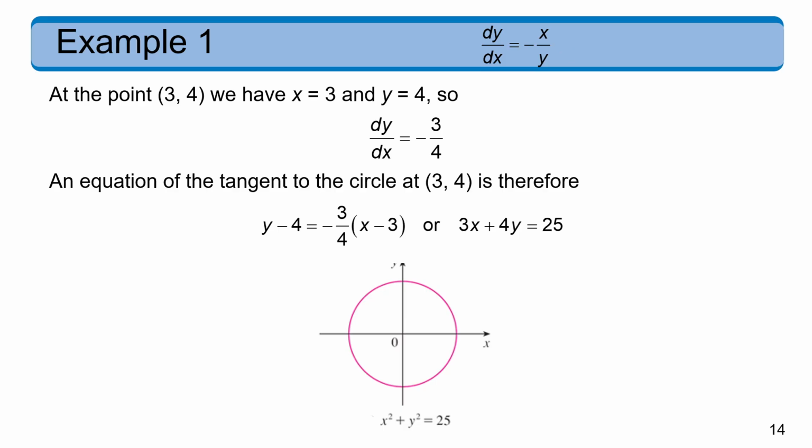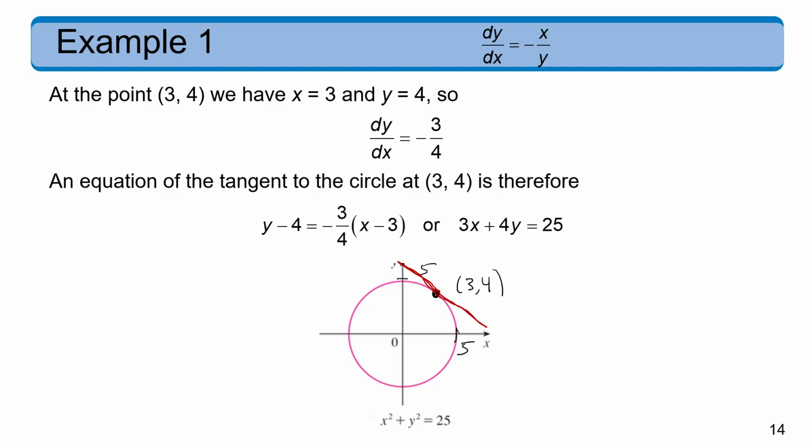So at the bottom I've got a picture of our circle of radius 5, right? So we know I can mark these off at 5. So the point 3, 4 looks like it's around here. And then we could sketch in what the tangent line would look like at that point. That's the line we're trying to find the equation of.